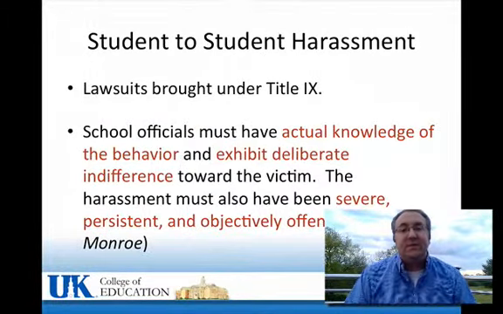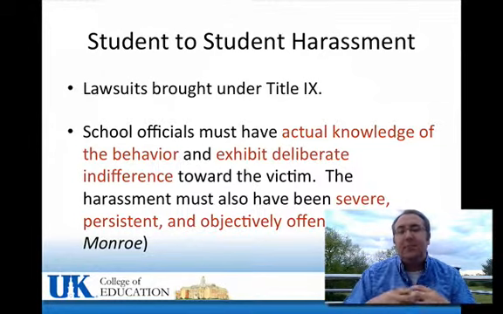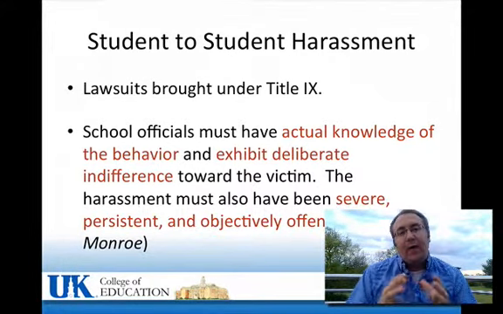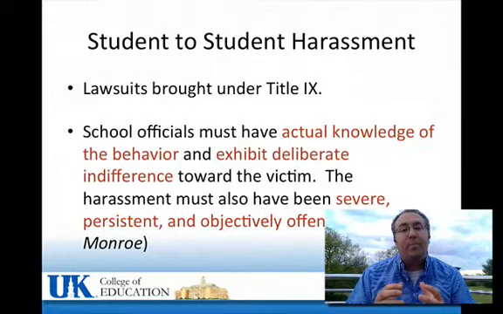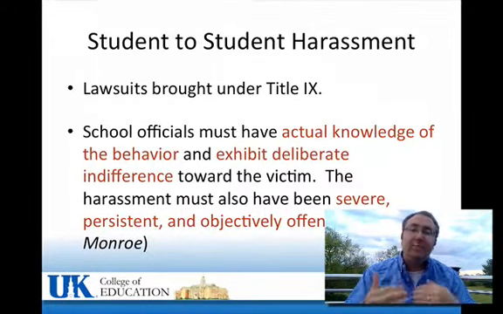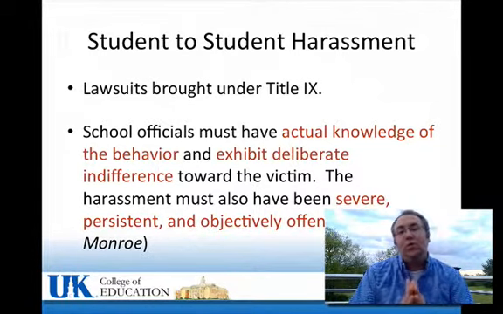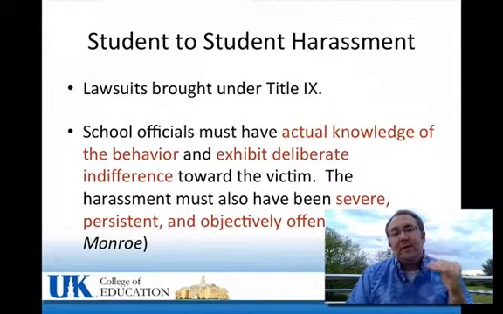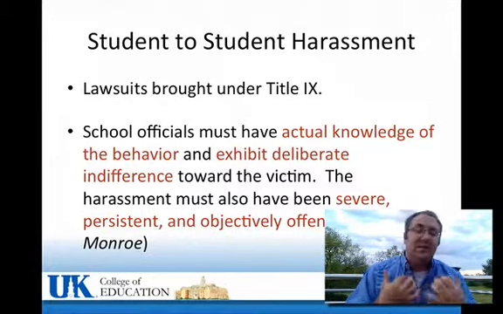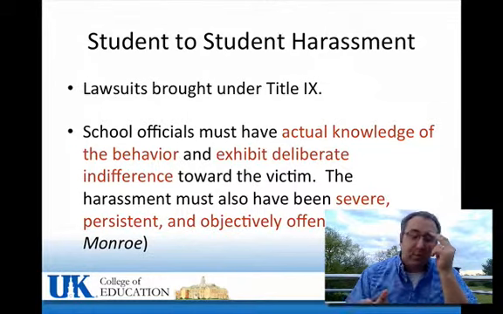Now, taking a step forward to student harassment, this is the emerging area of law that has really developed over the last decade. Title IX contains provisions that prohibit gender-based harassment broadly, and that has come to develop in schools into a three-part legal test to determine whether a school is liable for student-to-student harassment.